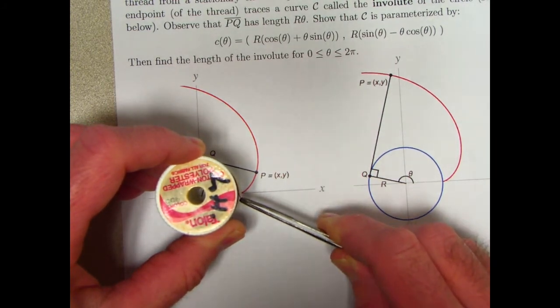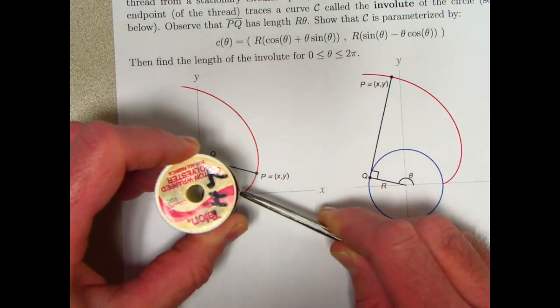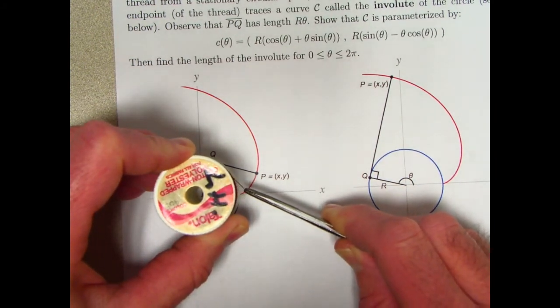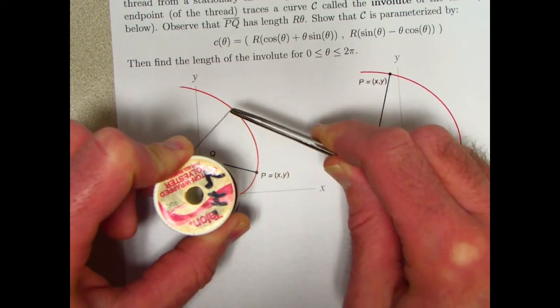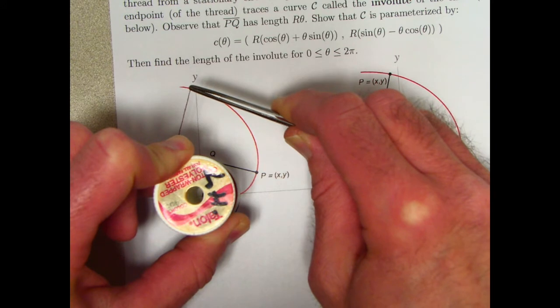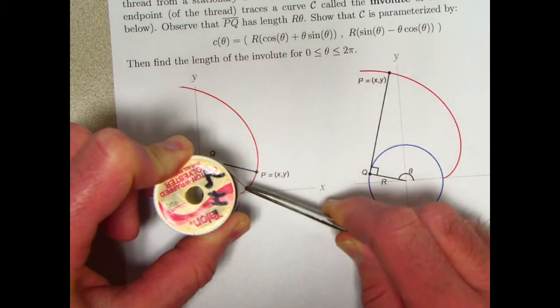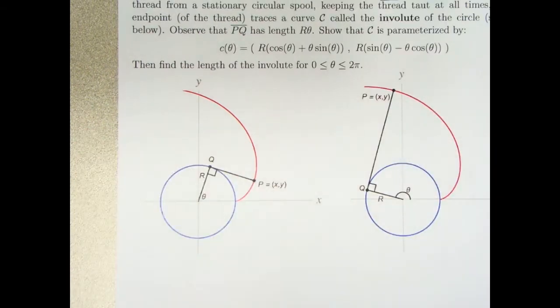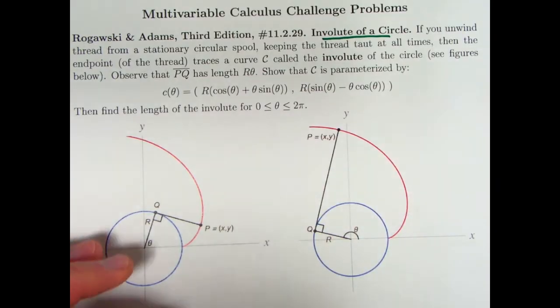And now pulling this and keeping the thread taut, so not quite where I need to be here. Keeping the thread taut, we see it following the red curve pretty well. That's the idea of the involute of the circle. Keeping the thread taut means to keep it tight, no slack in it.